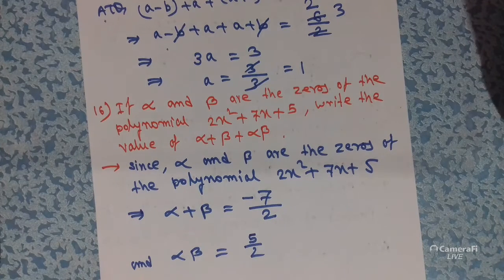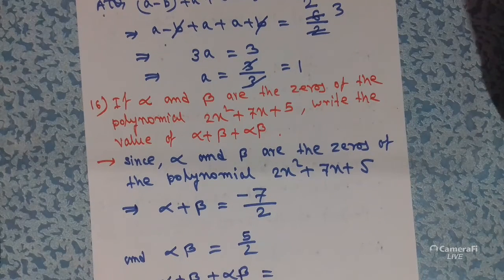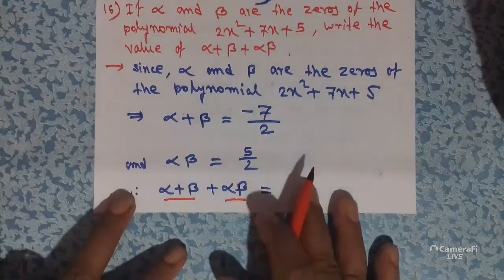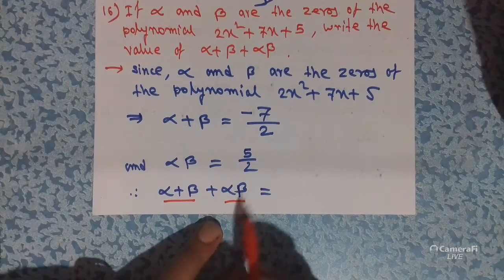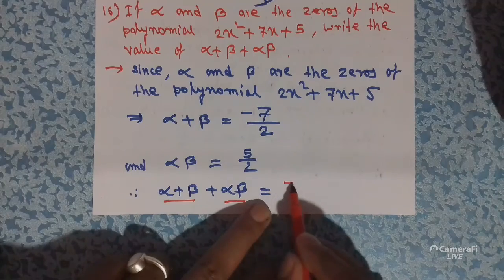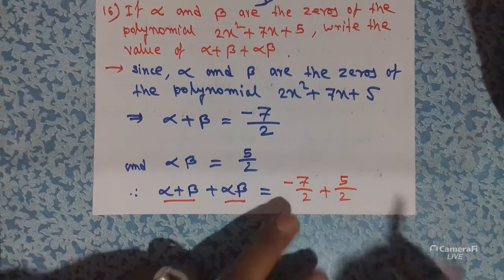Understood students? Now we have to find the value of alpha plus beta plus alpha beta. The value of alpha plus beta is minus 7 by 2 and alpha beta is 5 by 2. So we have to write now minus 7 by 2 plus 5 by 2.